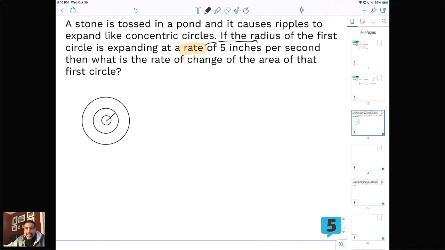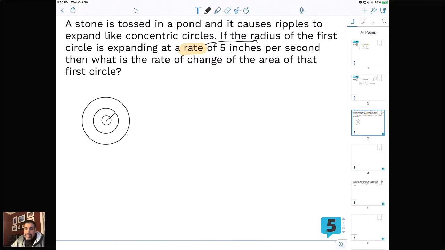Now what's the independent variable? The independent variable is the thing that's changing to make the radius change. And you're going to get a clue on this if you look at your units. The units are always going to be a really big clue to help you figure out the variables. When you look at the units here, we've got 5 inches per second.